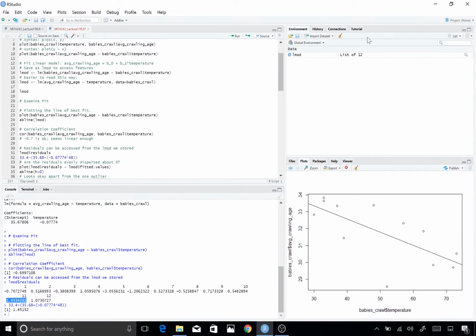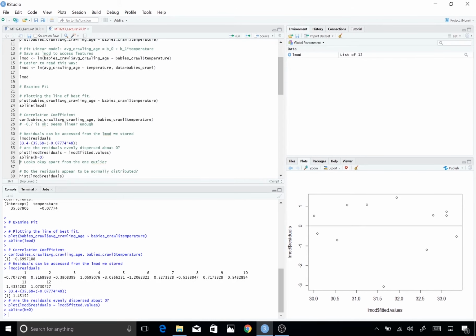To check the fit, we examine residual plots. These are residuals on the y-axis, fitted values on the x-axis. You can also use explanatory variables on the x-axis. Let me try that.